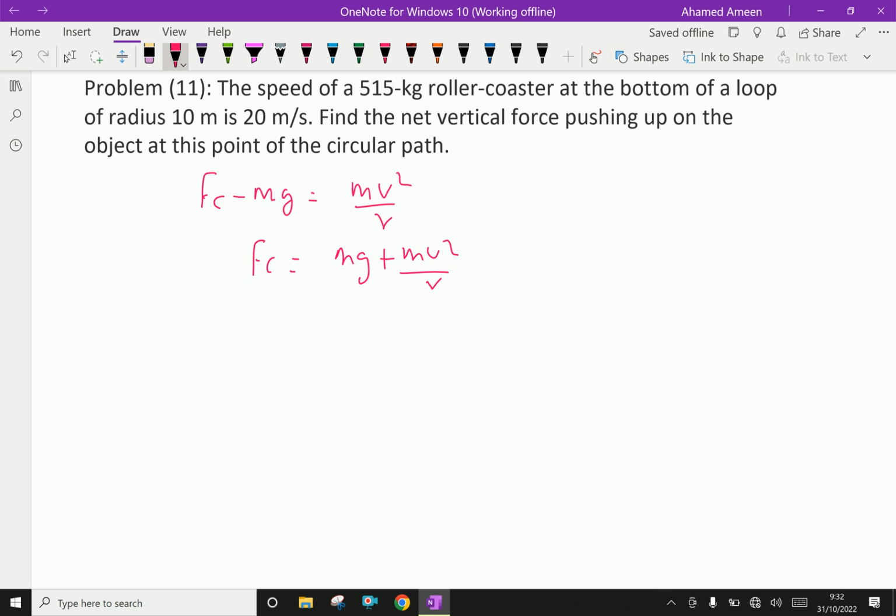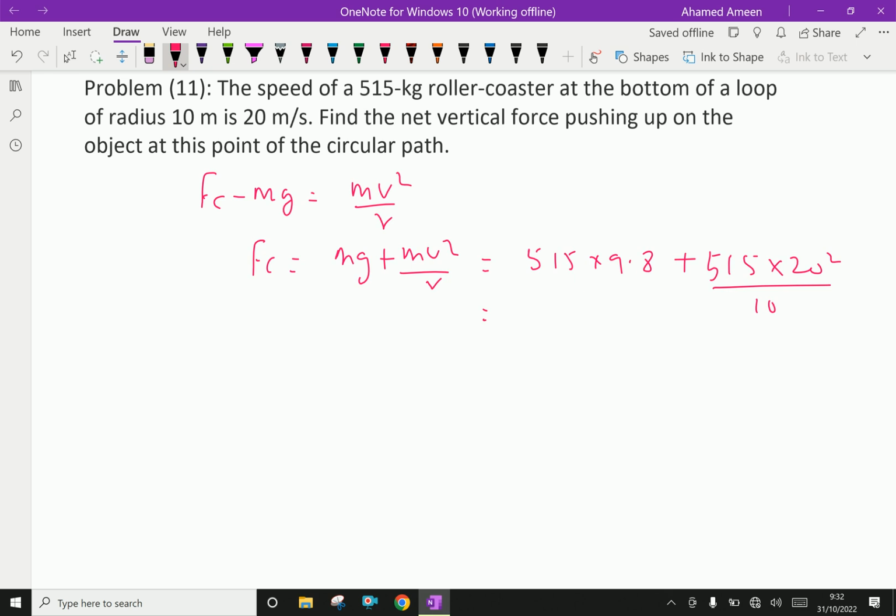We will put in the values. M is 515 into 9.8 plus 515 into v squared over r. Velocity is 20 meter per second, so 20 squared over r. Radius is 10. Let us calculate this first.